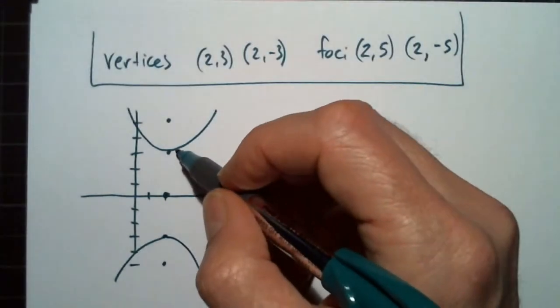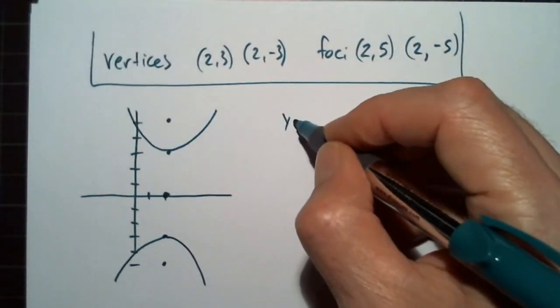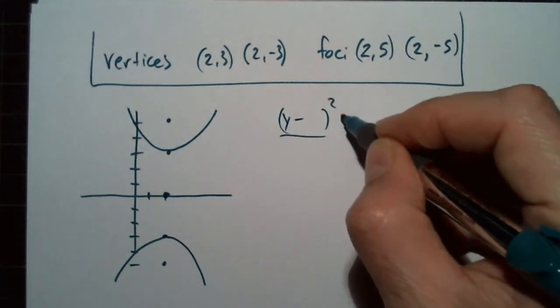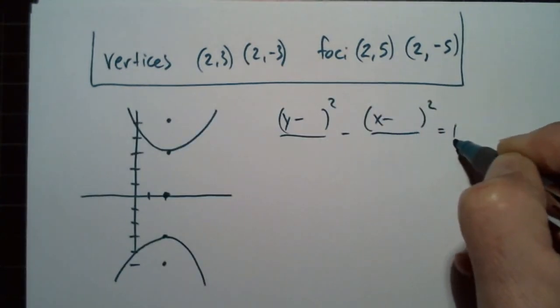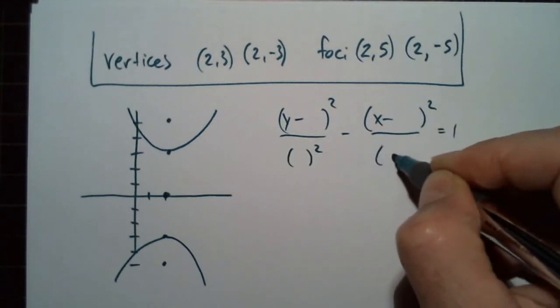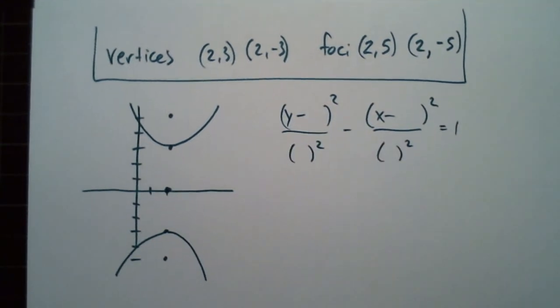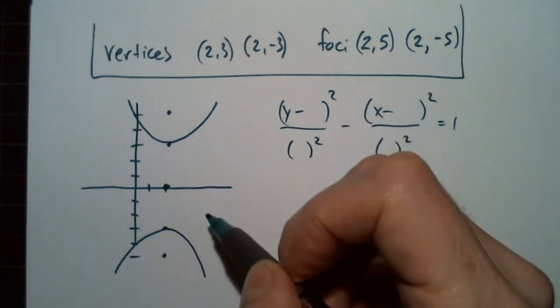That tells us that since it's opening vertically, we'll have y first. And we just fill in the blanks.